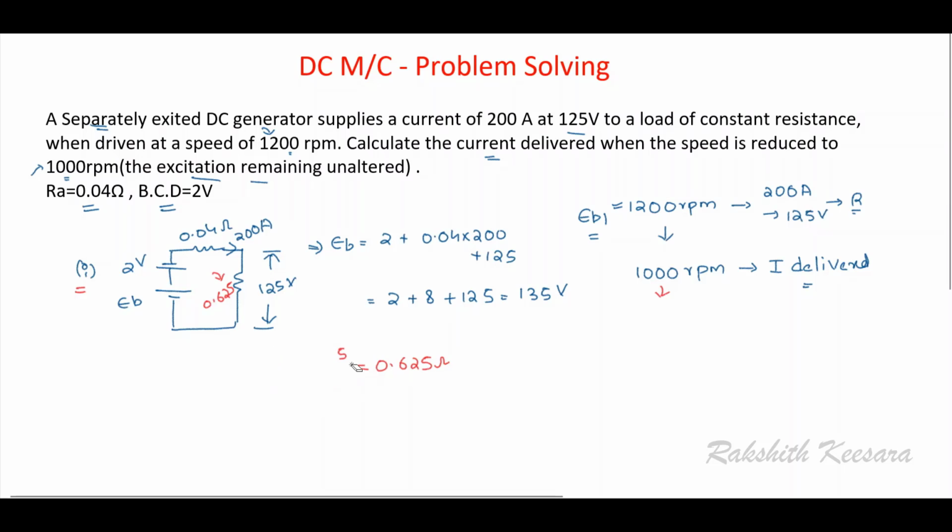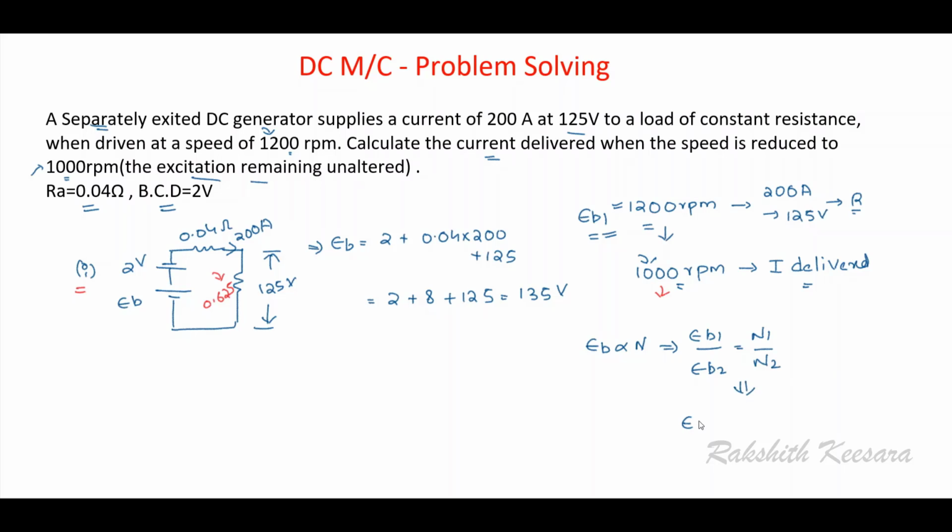Next, now the speed is reduced to 1000 rpm. So with these data, we should calculate our EB2. EB proportional to N. So EB1 by EB2 will be N1 by N2.